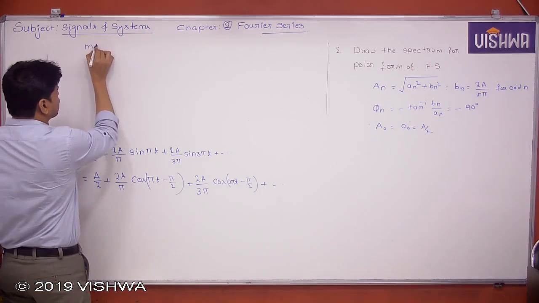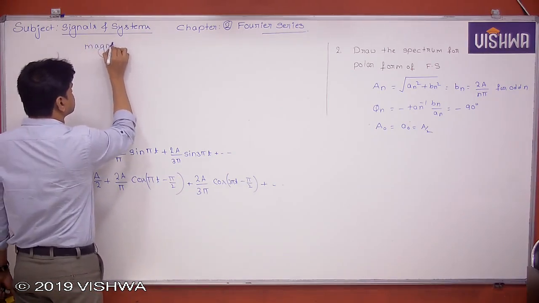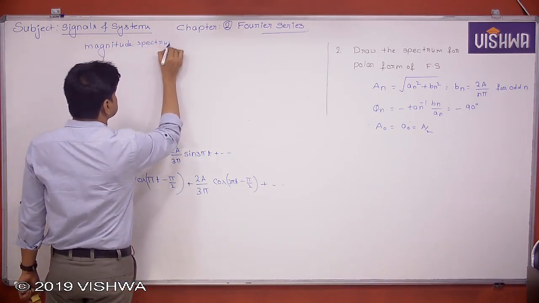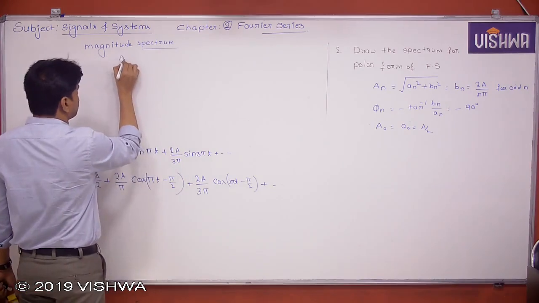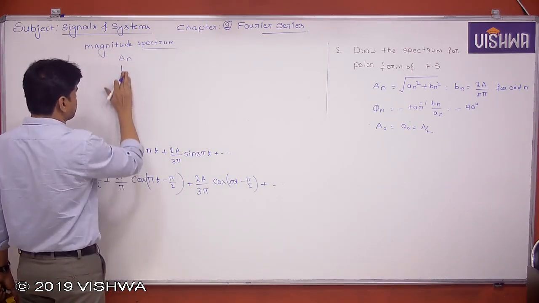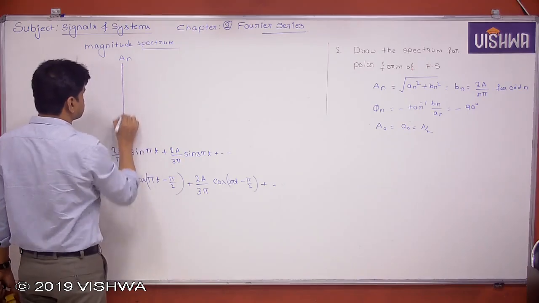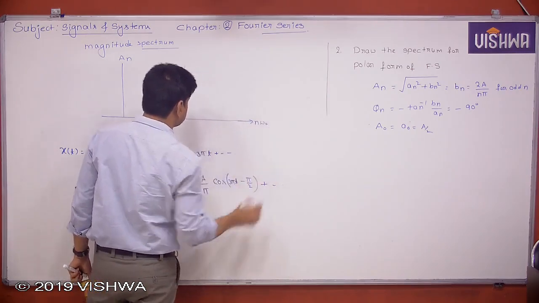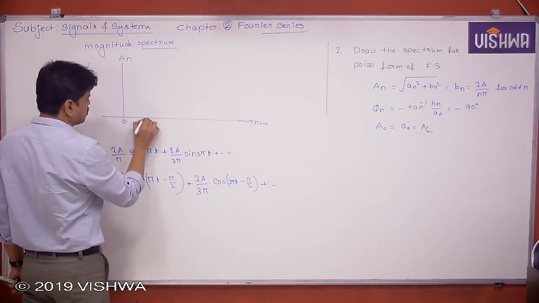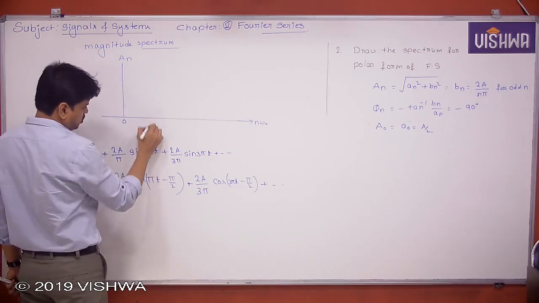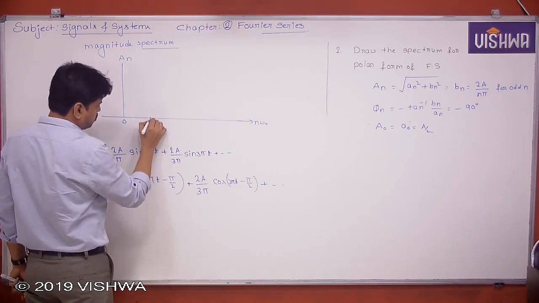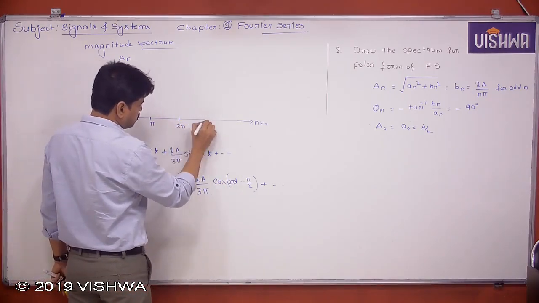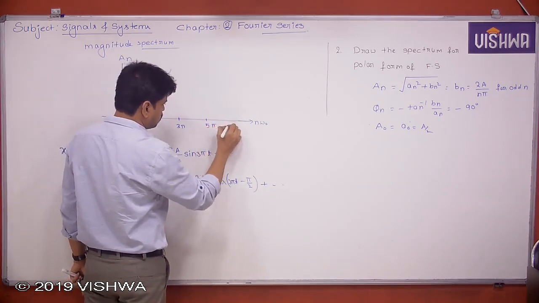First, magnitude spectrum: An versus n omega naught. Zero first, then the frequency pi, next 3 pi, next 5 pi, like that it will go, and so on.